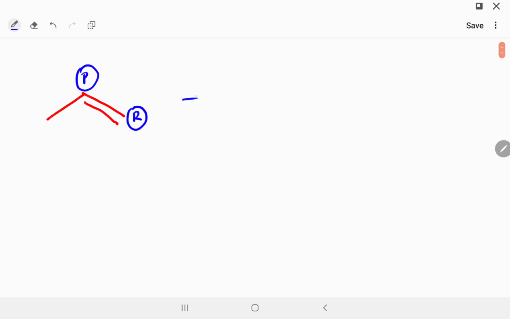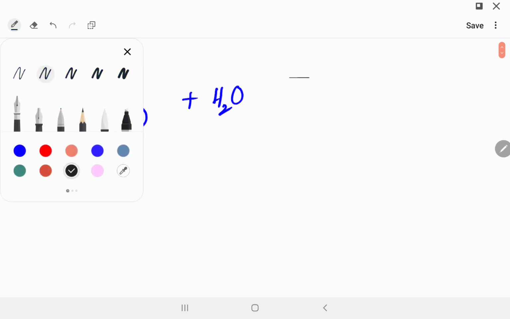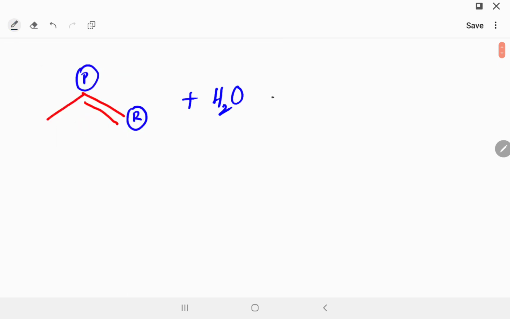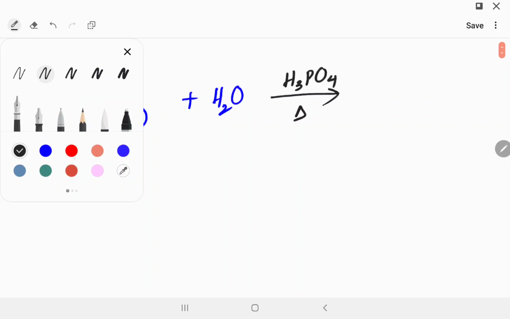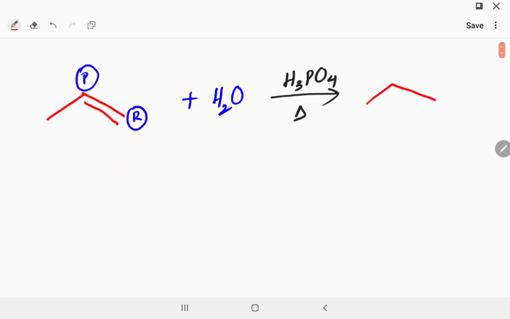And if you try to hydrate this alkene using water and of course phosphoric acid at high temperatures, what you get is something like this. You started with propene, but of course you are getting rid of the double bond.